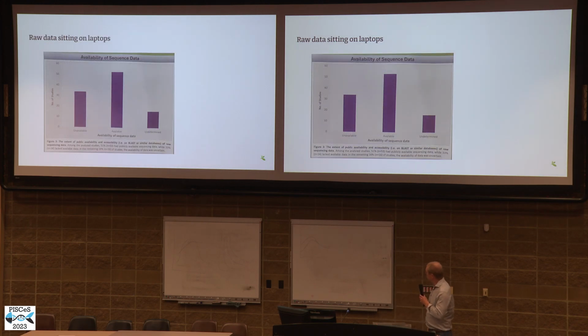This was something I stole from, let's see if I can remember their names, Mariana, Brooke and Lauren, I think, poster yesterday, showing that only about half of the studies they looked at actually had the raw data deposited in some sort of archive, could be a short read archive or something like that.